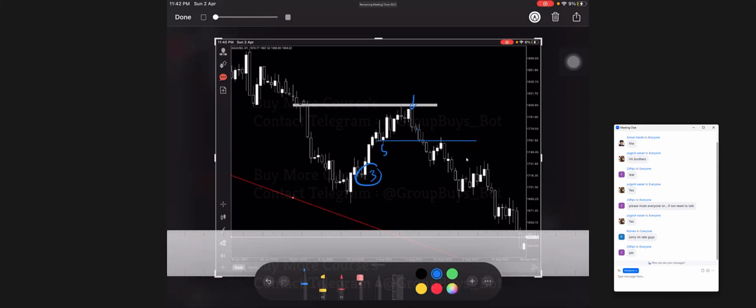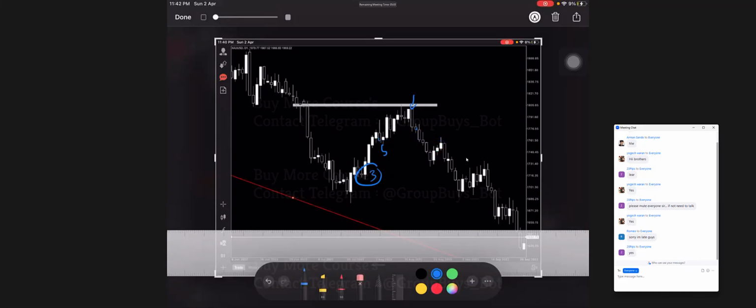Of course you hold, right? Because this support is already broken. Of course we're waiting for the pullback. Of course we will re-entry at this level. Do you guys see the closing at daily level?